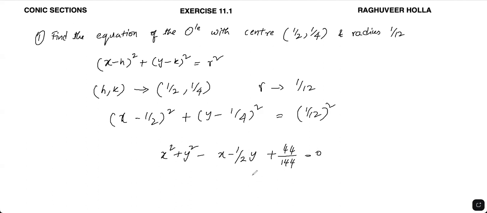And further simplifying this, you get 36x² + 36y² - 36x - 18y + 11 = 0. This is the equation of the circle where the center is (1/2, 1/4) and the radius is 1/12.